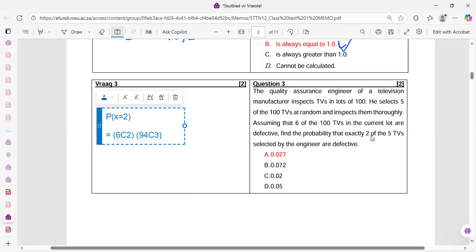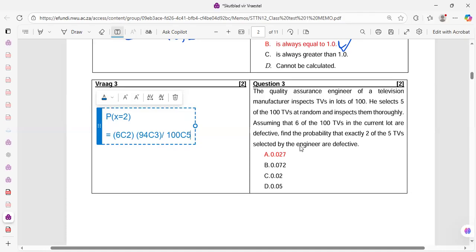If 5 minus 2, then we will be left with 3. So that's the reason why it's 94 combination 3, divided by everything by the total. The total is 100 combination 5, the 5 TVs here. That will be the total, the sample space, the total number of outcomes.